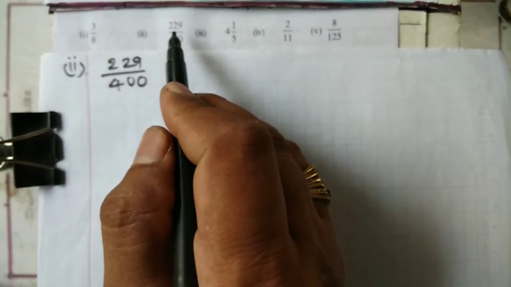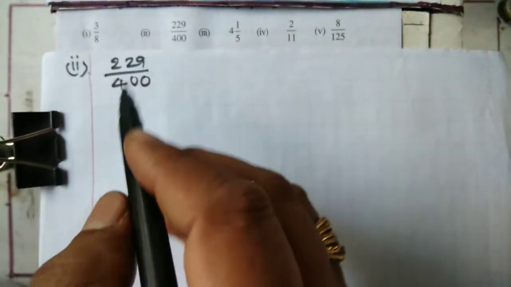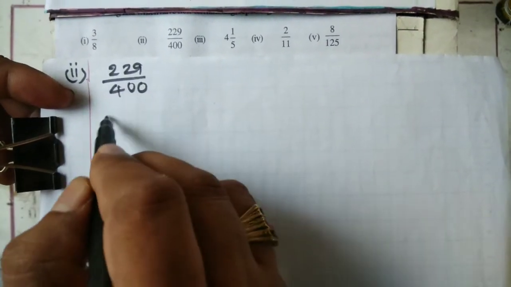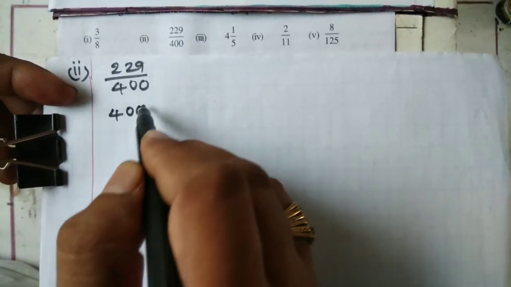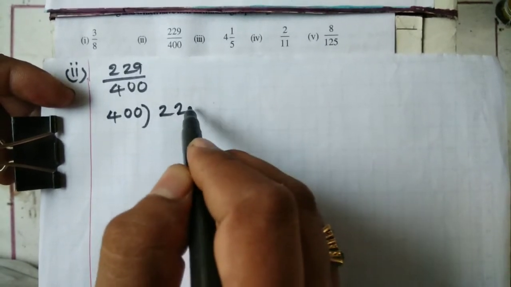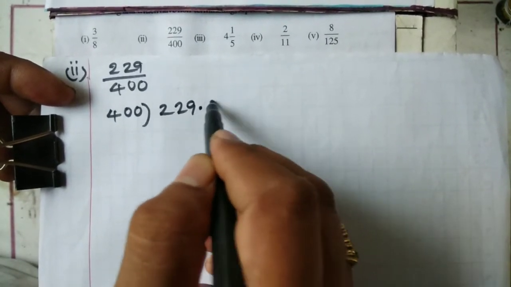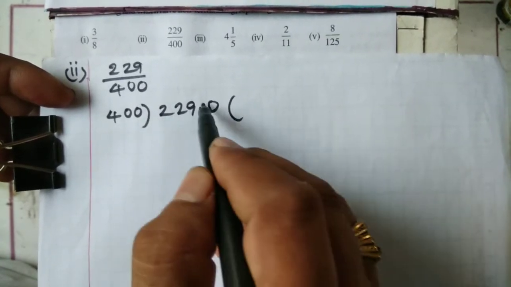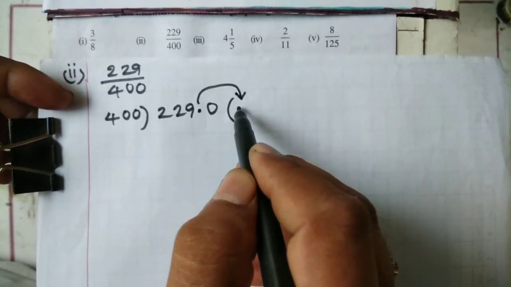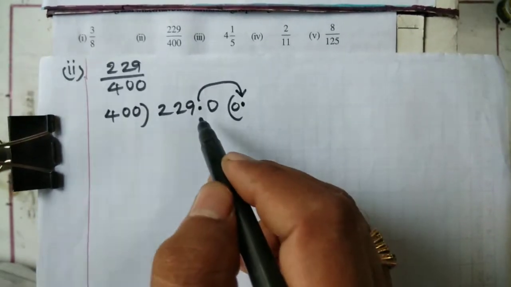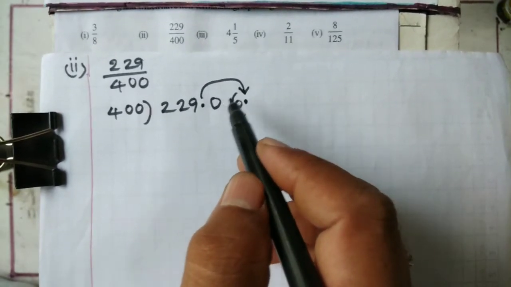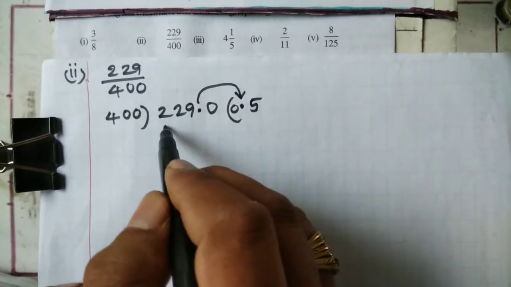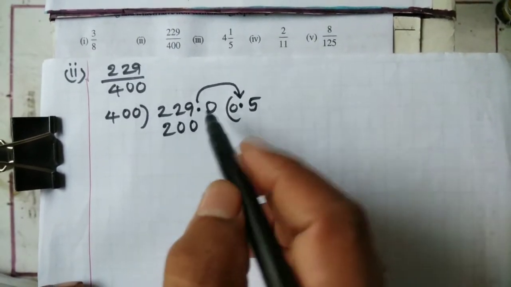Second problem, 229 by 400. Here also numerator is less than the denominator. That's why we have to keep point and 0. Four 5s are 20. 4 6s are 20. 4 5s are 20. 2000.